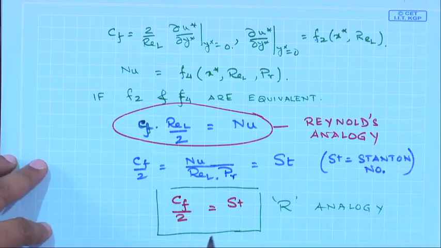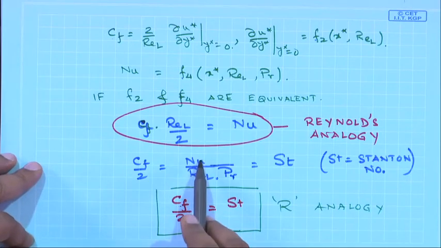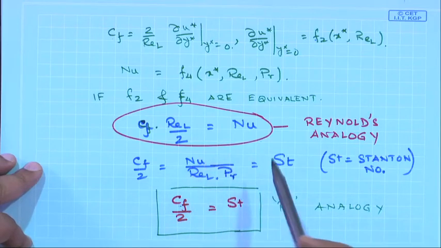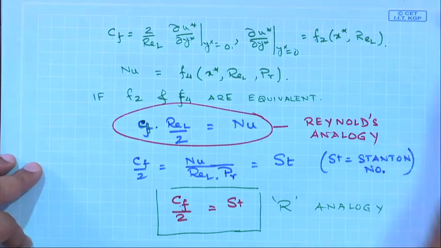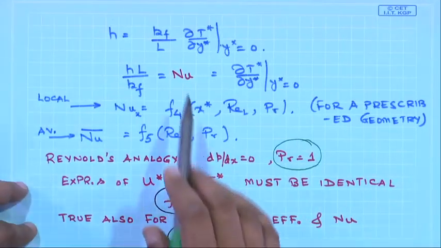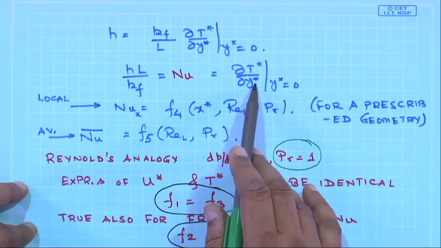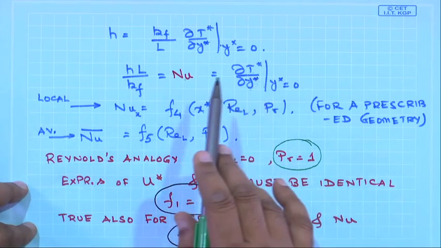So, this connects the key engineering parameter of Cf in fluid friction with h or Nusselt number in convective heat transfer. I would also like to draw your attention to the previous slide that I was showing. Nusselt number is equal to del T star by del y star at y star equal to 0.